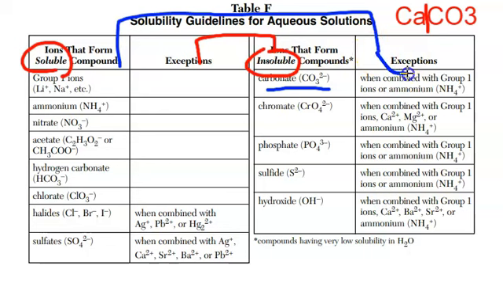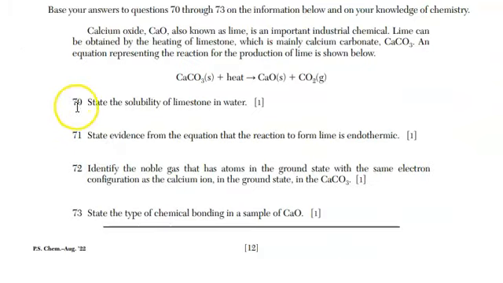However, there are exceptions. Exceptions are the group 1 ions and ammonium. But guess what? Calcium's in group 2. In other words, calcium carbonate is insoluble in water. It does not dissolve in water. Now, in answering question 70, all you have to say is that limestone is insoluble in water.